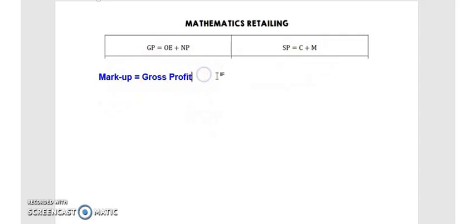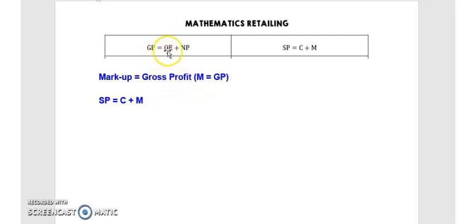Now let's start from the formula selling price equals cost plus markup. Now we know that markup is also equivalent to gross profit. So here markup is equivalent to gross profit.